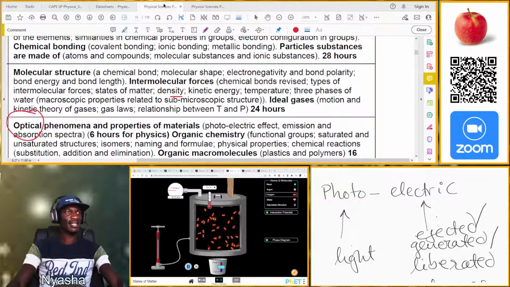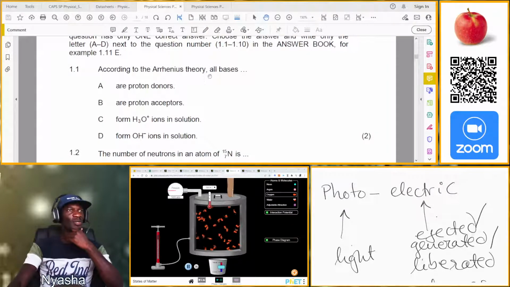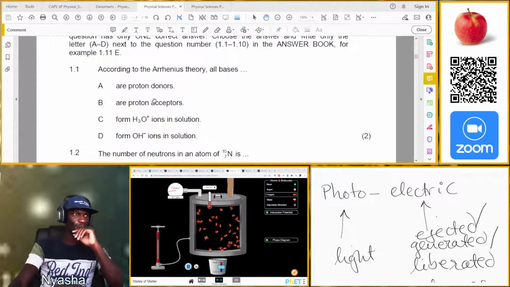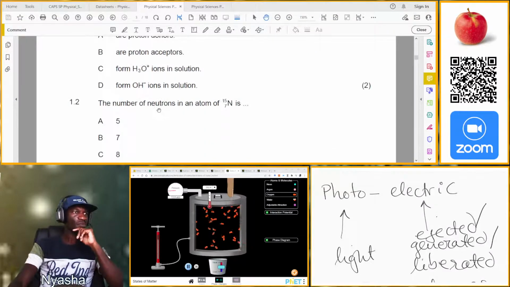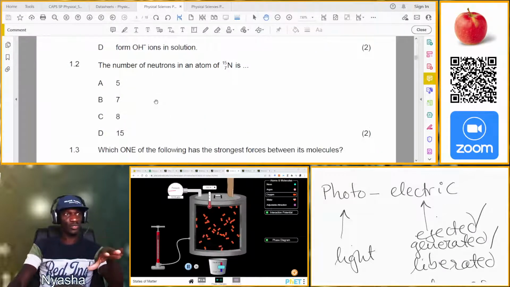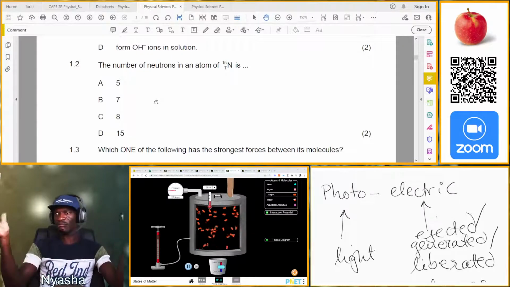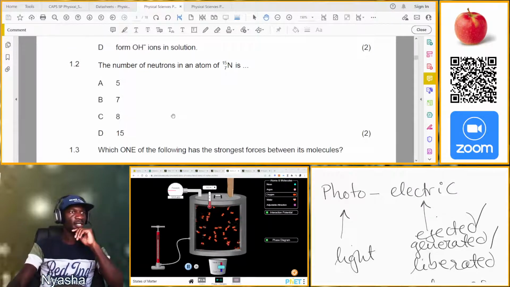So let's identify. This one is on acids and bases. Is it part of molecular structure? No, because we are just looking at properties of bases. This question, number of neutrons in an atom of nitrogen, is just building an atom. We already did that question.